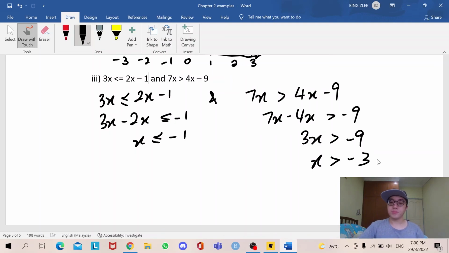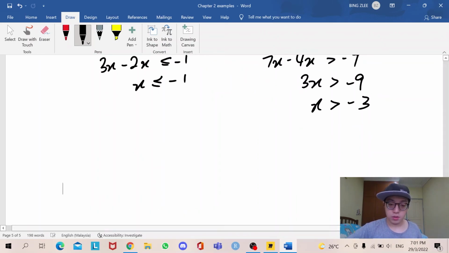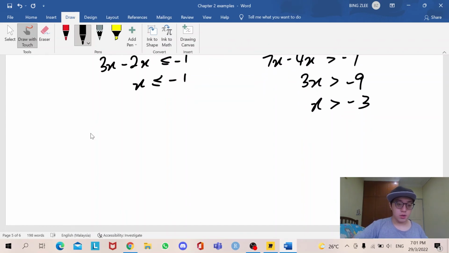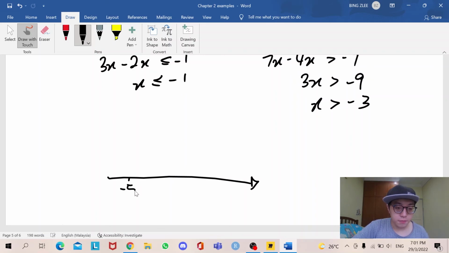Okay, so if we are to represent this on a number line, some spoiler for the next video. From here we have negative 5, negative 4, negative 3, negative 2, negative 1, and 0. For the first part, we have x is less than or equal to negative 1.